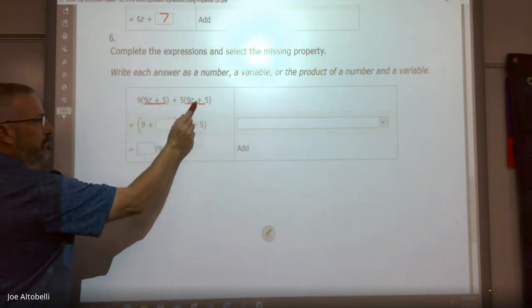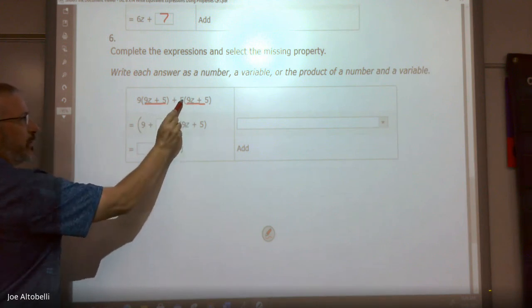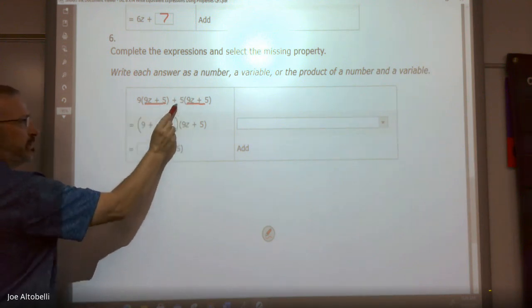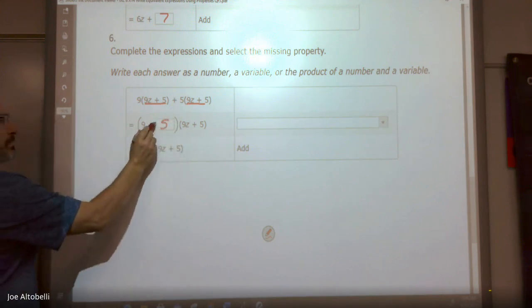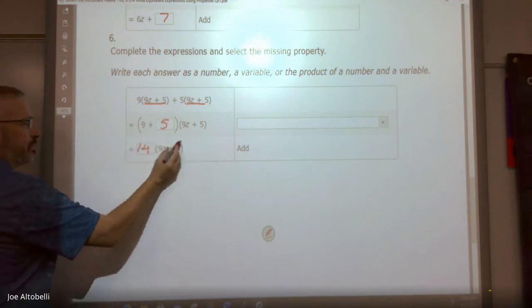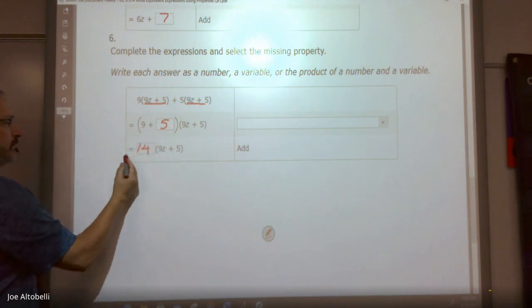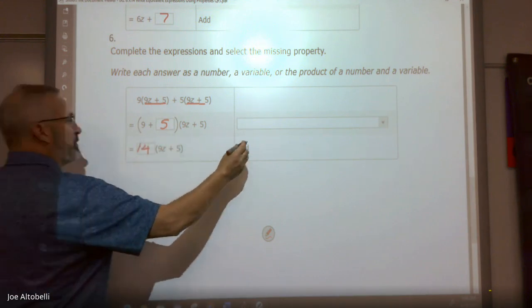These two are here. So the number that I'm missing here is this 5. And then 9 plus 5 is 14. And this looks like what? Distributive property.